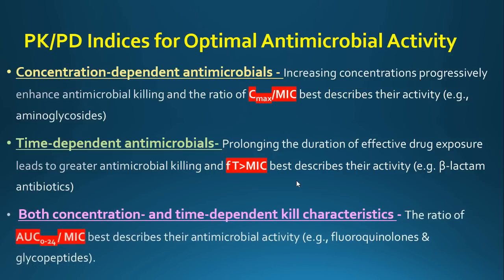And a few antimicrobial agents require a higher concentration as well as a longer duration. They have both things in their favor. That is called the area under the curve over 0 to 24 hours divided by MIC. So there are certain examples over there.